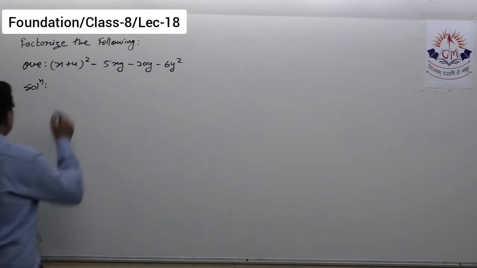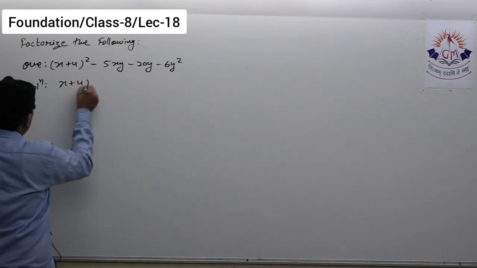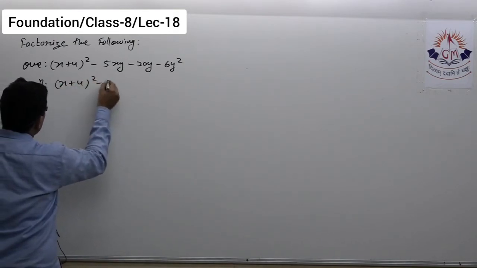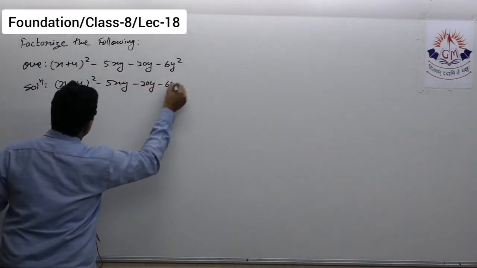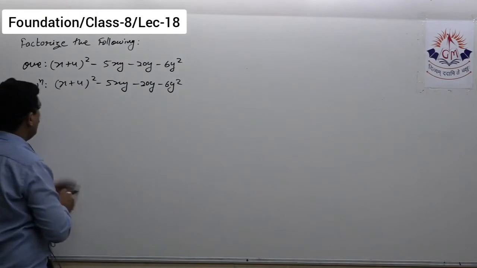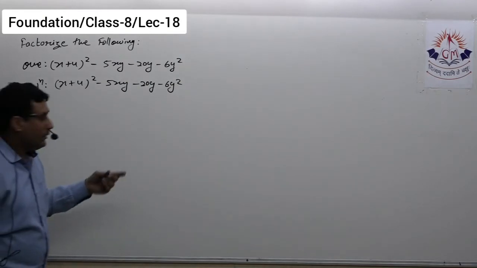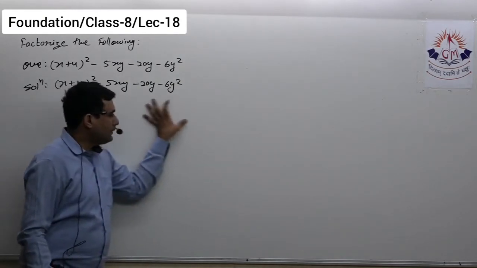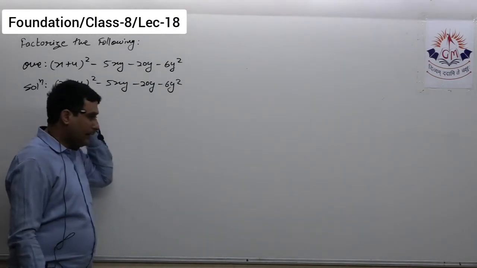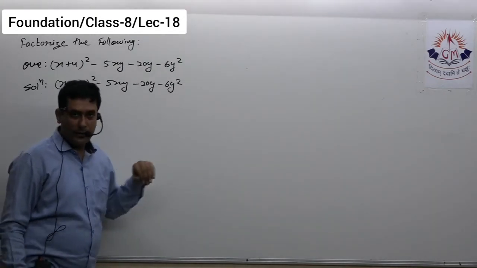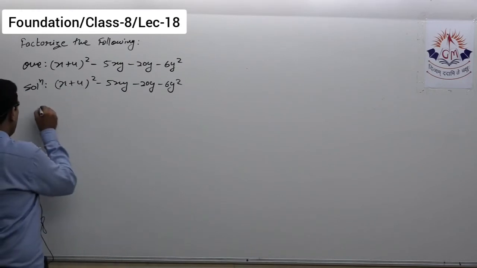Okay, so x plus 4 whole square minus 5xy minus 20y minus 6y square. See, this is the complete square. Now, if it is possible to write these three terms in the form of a complete square, then after that I can apply the identity of a square minus b square.